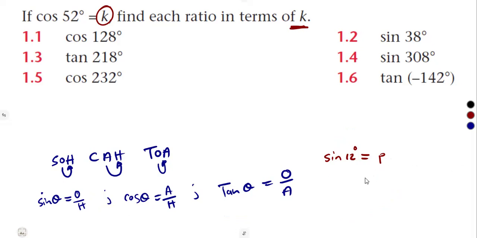We're just given P. Remember, 2 is the same as 2 over 1 from our numbers, 3 over 1. So what about P? It is the same as sine of 12 degrees is equal to P over 1, like this. It is the same thing. So from there, we can properly see a ratio.